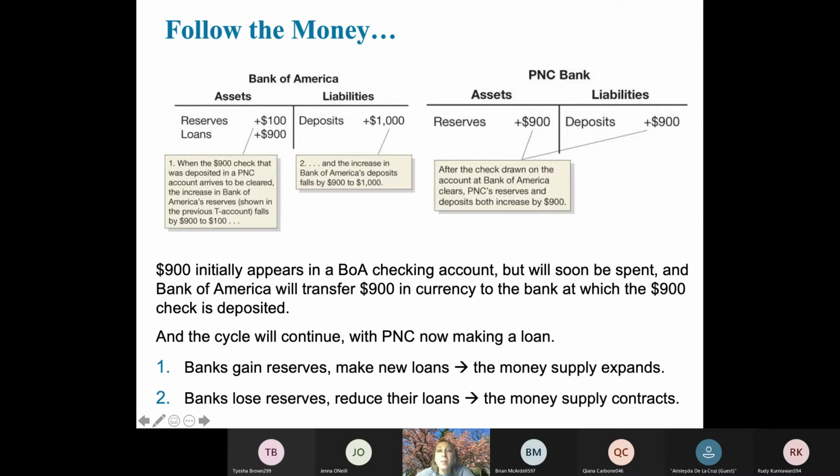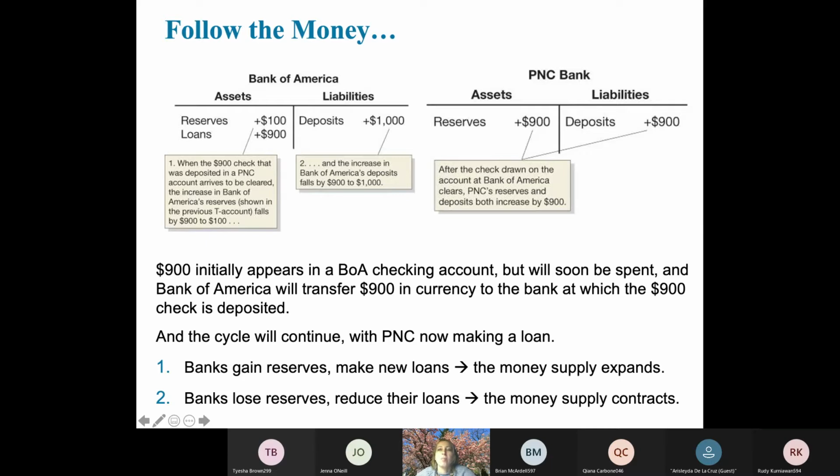Okay, but PNC Bank is also in the for-profit kind of business, right? So they want to make money on this new deposit that they just received. They can do the same thing. They can keep 10% on reserve, so it's $90 on reserve, and they can lend out $810, right? To, let's say, Brian. Brian wants a new super chainsaw for his business.